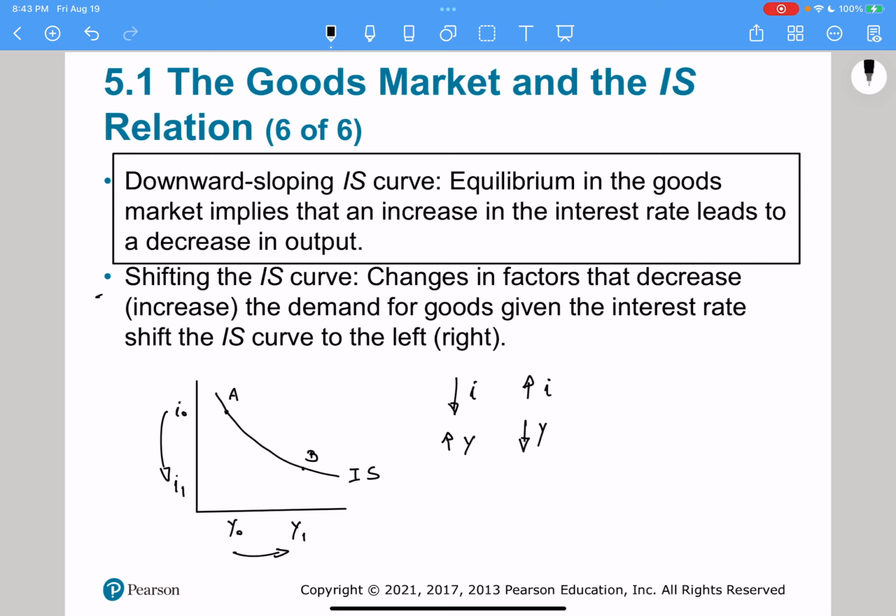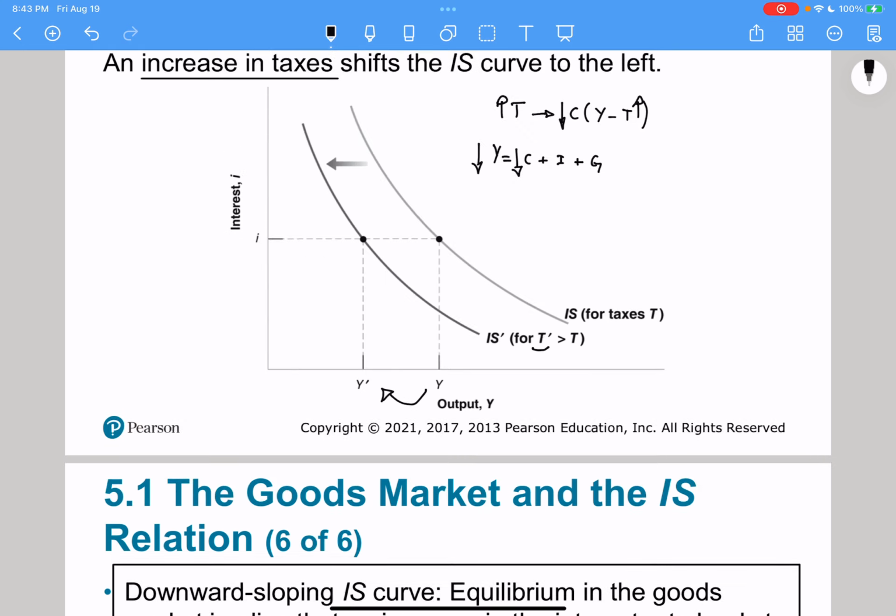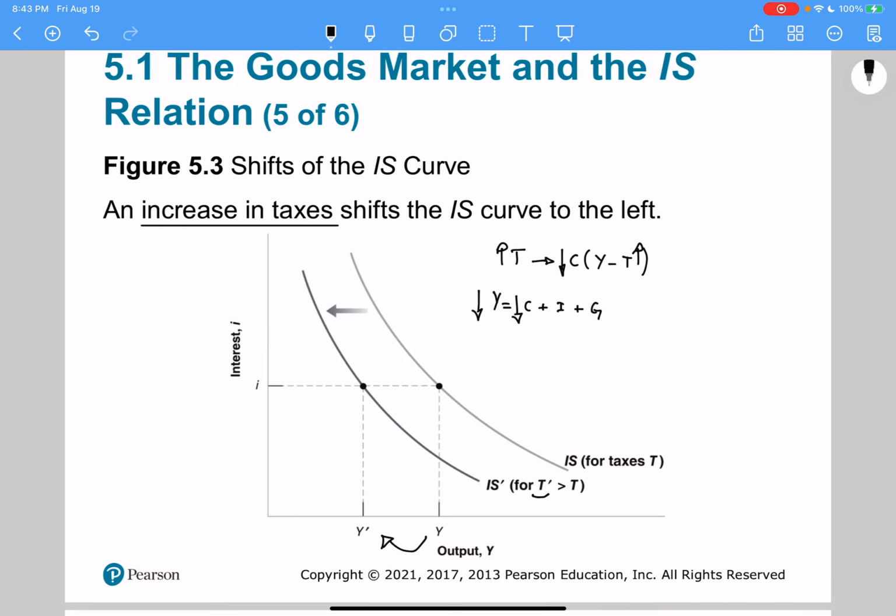What's the shifting of this curve? Well, changing factors that decrease or increase the demand for goods given the interest rate shift the IS curve to the right or to the left. As you can see here, when we move the taxes, we are not changing the interest rate. So the reasoning is something like that. We have here the interest rate.